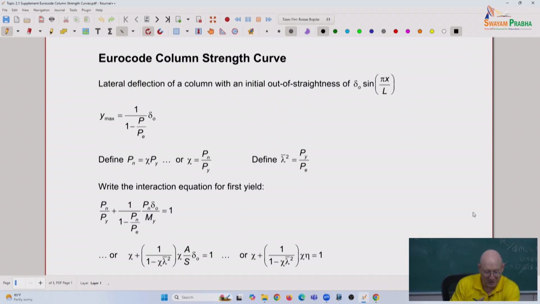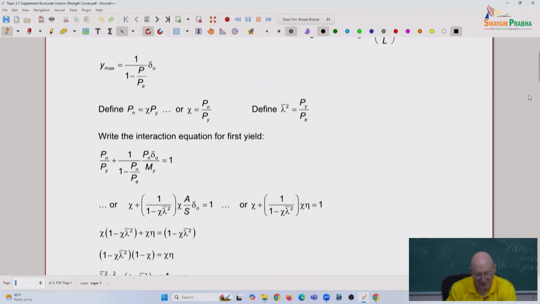So we're basically saying the ratio of applied stress from axial load to yield stress, plus the applied stress due to bending to yield stress, reaches Fy. So that's what that interaction equation is. Let me know if you have any questions about that. I think I stated that a bit awkwardly, but we're just writing an interaction equation for the axial force and moment at first yield at the extreme fiber of the section.